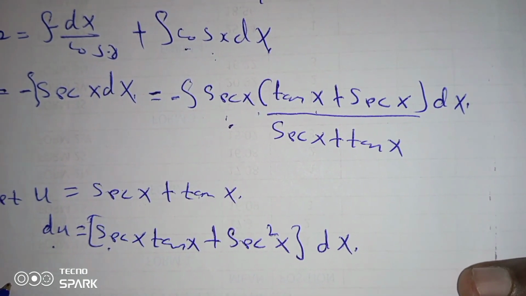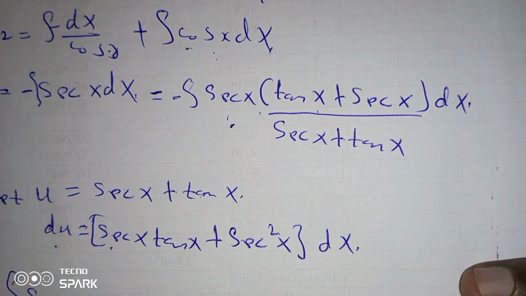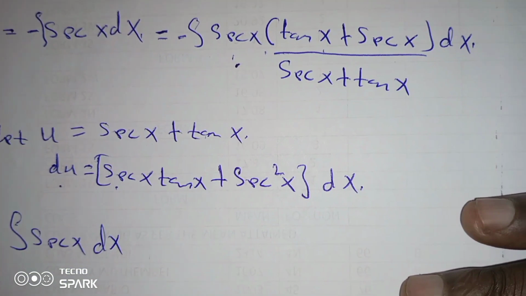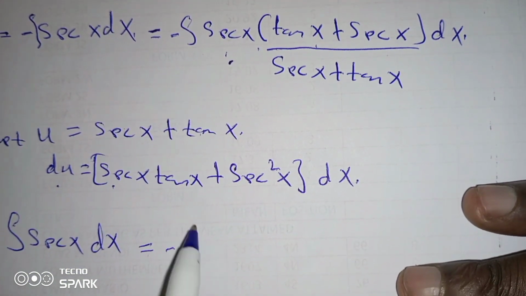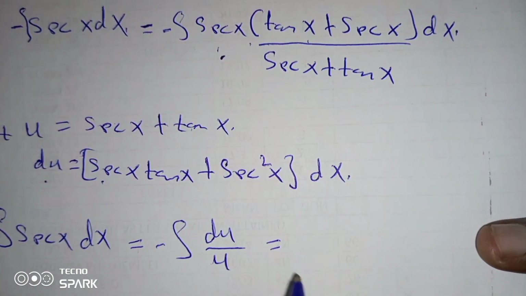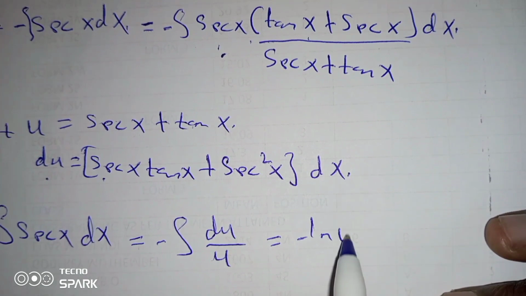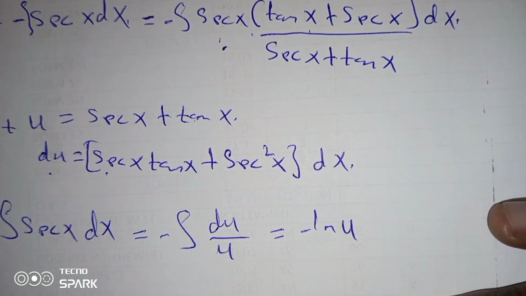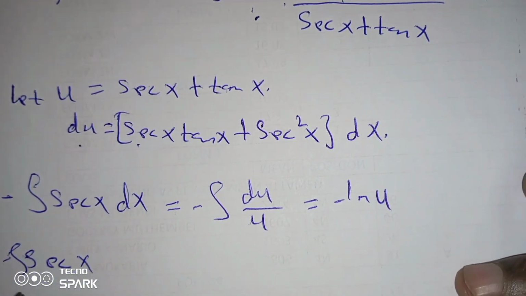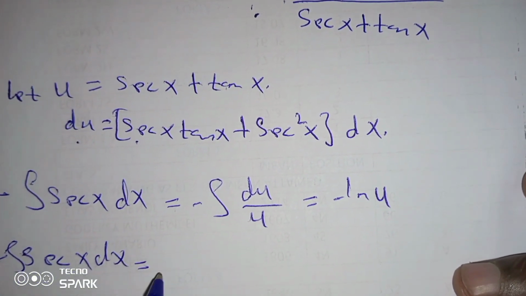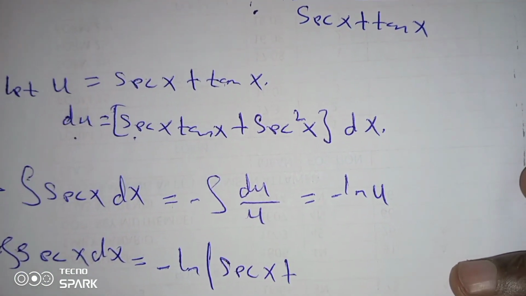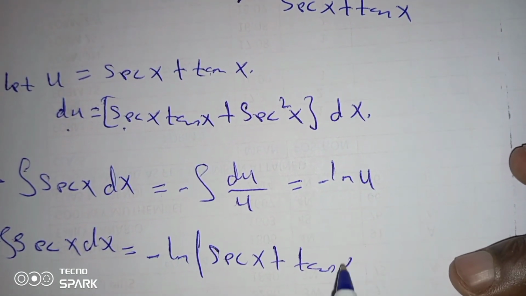So integral of sec of x, negative is outside, dx is the same as negative into bracket integral du over u, which is equal to negative natural logarithm of u, meaning that integral of sec of x, negative outside, dx is the same as negative natural logarithm of sec of x plus tan of x.